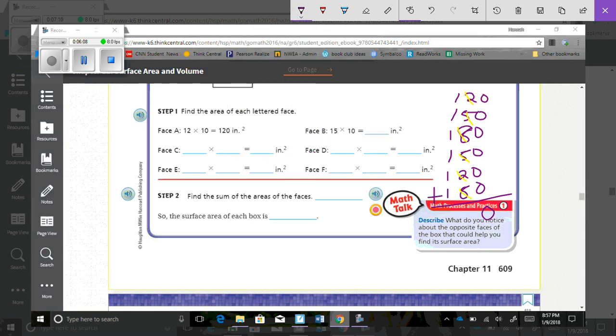So I'm going to put 0, 3, 3, 4, 5, 6, 7, 8, 9. And that would give me 900 inches squared. Make sure you add that label. So the surface area of each box is 900 inches squared.